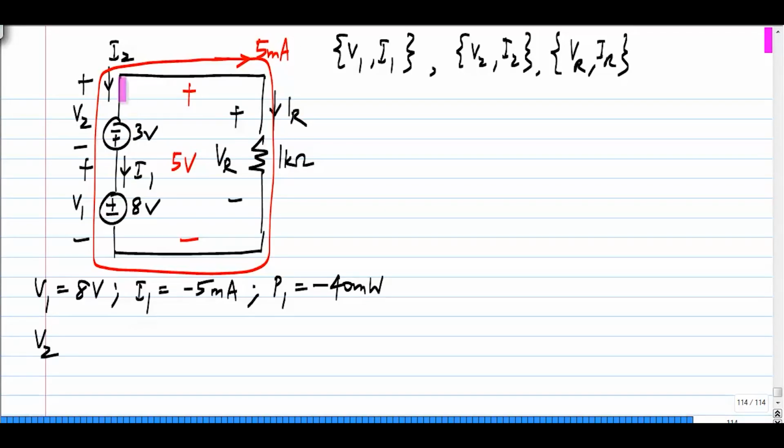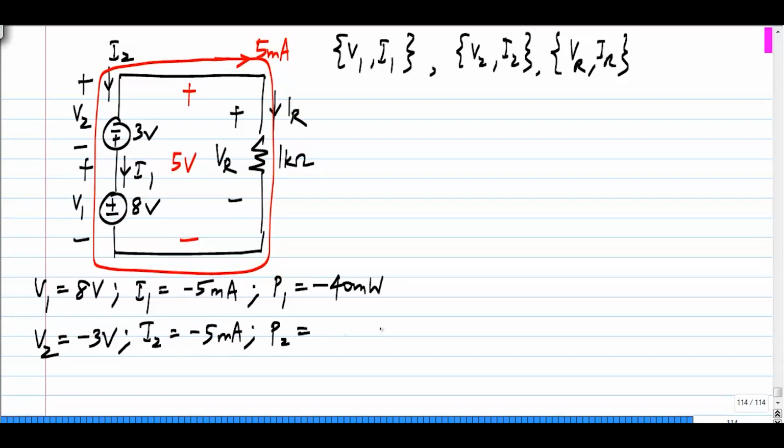And similarly for the second voltage source V2 defined this way is minus 3 volts, because I have taken V2 to be opposite in polarity to this one, but no matter, V2 happens to be minus 3 volts. Then I2, which is the current flowing downwards this way, is also minus 5 milliamperes.